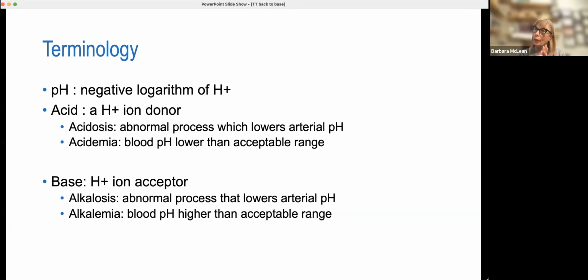So really, really important to remember that the simplicity between acid and base is whether or not you have a hydrogen on board. When you have a hydrogen on board, you're an acid. When you can accept a hydrogen, you're a base. The thing is that when you marry metabolic acid hydrogen to a buffer, it becomes a weak acid. Hydrogen is a strong acid, but when it marries to a base, it becomes a weak acid and has much less of an exertional effect.